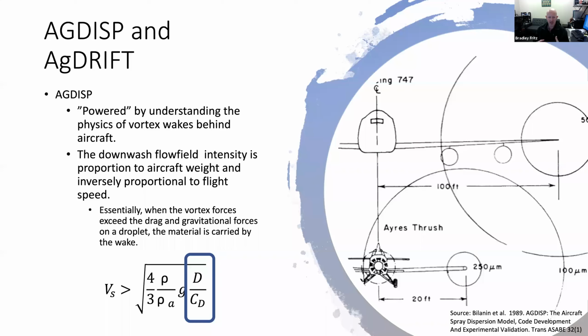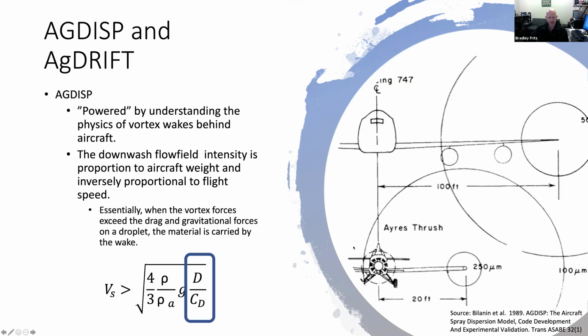And if you're not familiar with AgDisp and AgDrift, and hopefully I'm not going over ground that most people are familiar with, the real power of these models is a fairly extensive understanding and development of how vortex fields work on aircraft. This work was developed back in the 70s and 80s for commercial airliners.